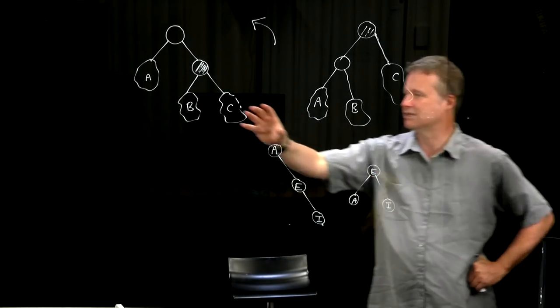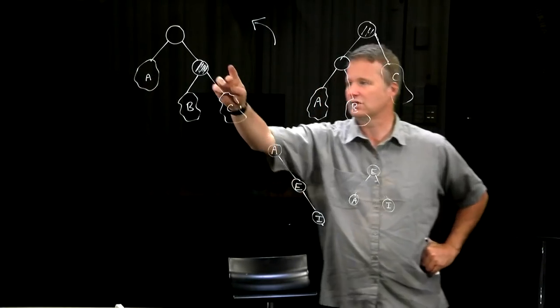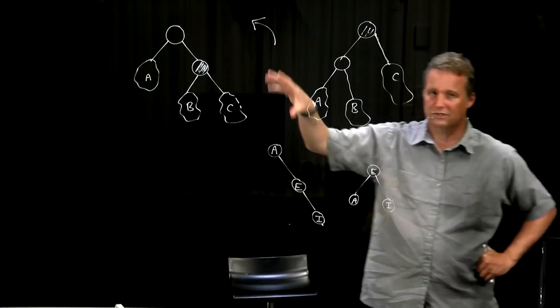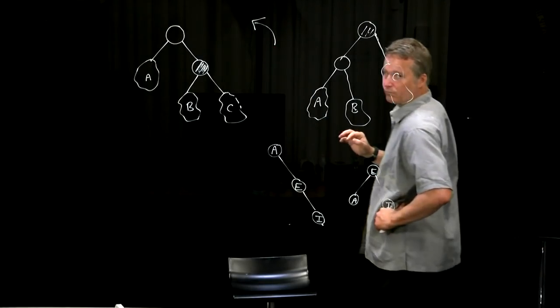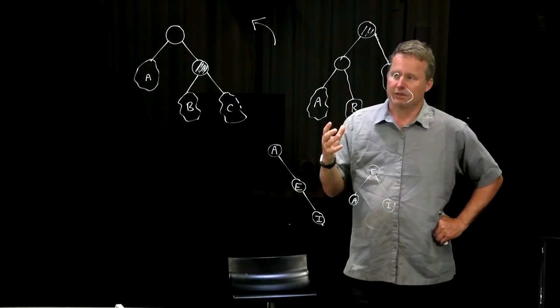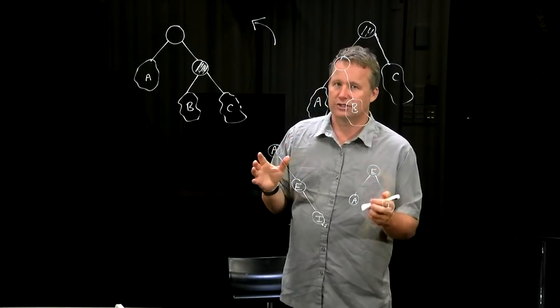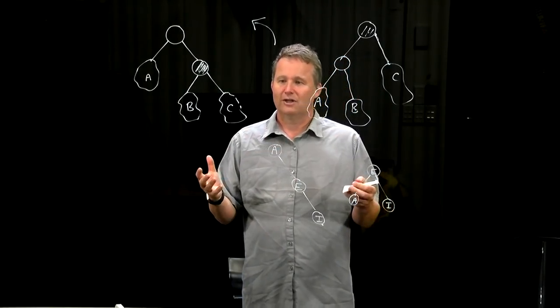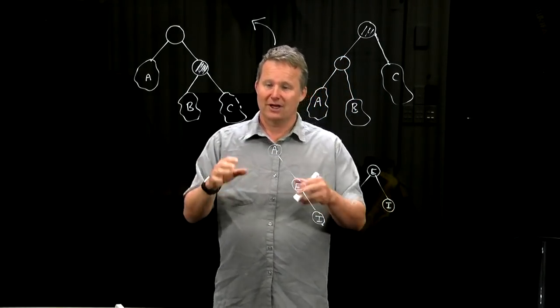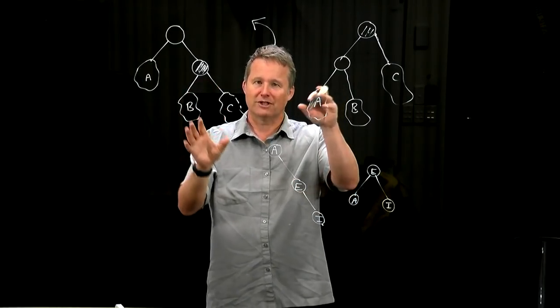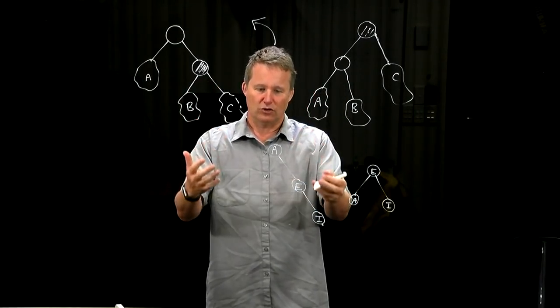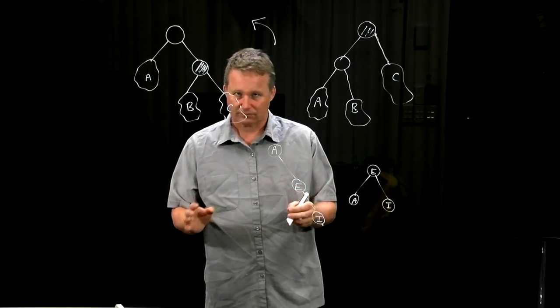Everything inside these subtrees stays the same. It's just this small number here that need to be rewired. So each particular rotation is a constant time operation, and you just have to arrange it so that you're only doing a relatively small number of such rotations when you do your rebalancing.